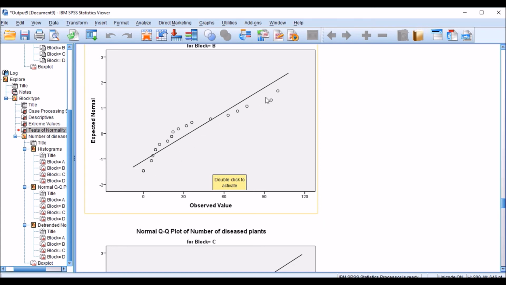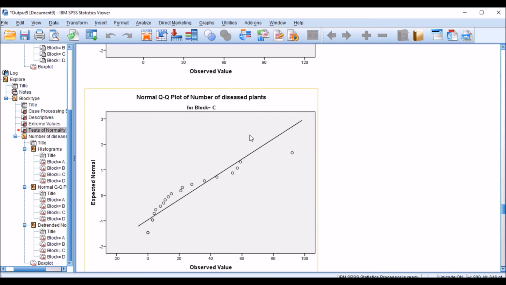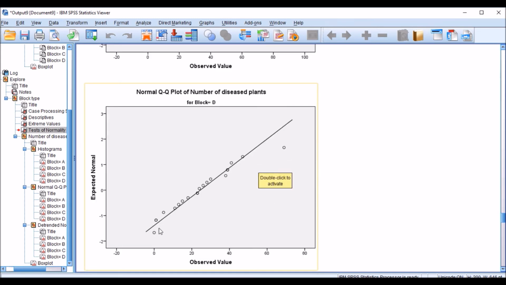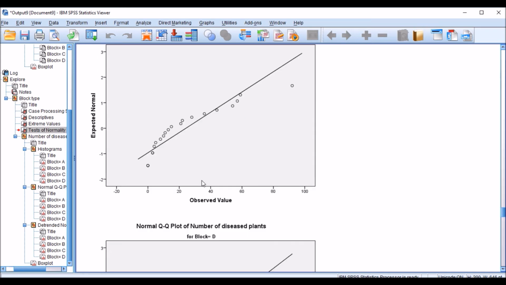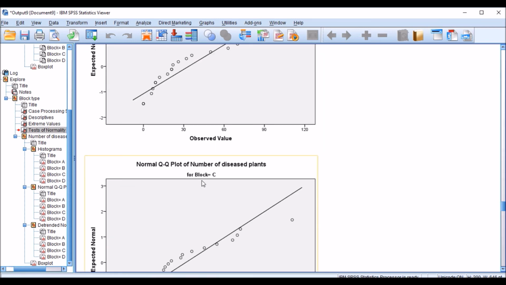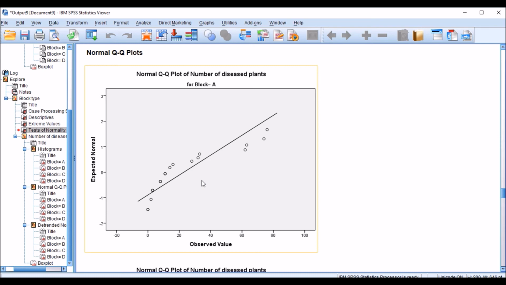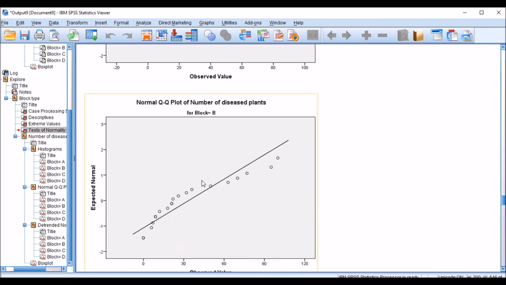They are not aligning with the line. If you see C, they are not aligned. But you see D, the points are totally aligned with the line. So only block D is normally distributed, whereas C, B and A do not have any sort of normal distribution.